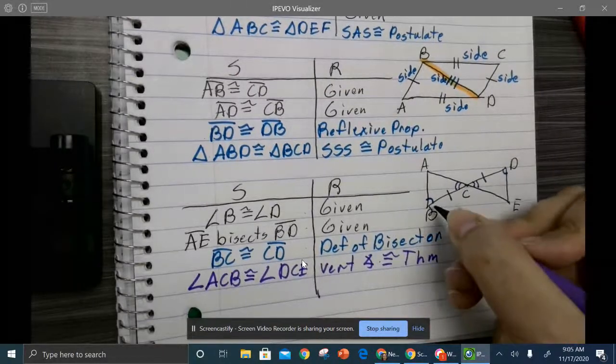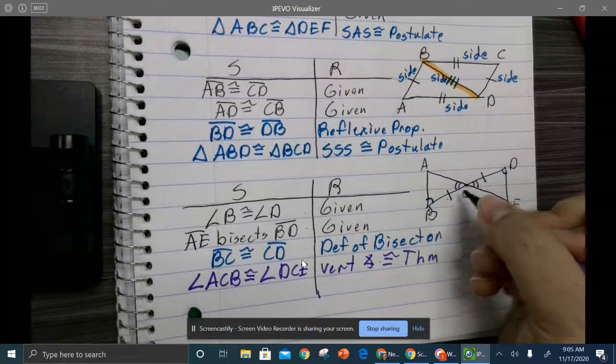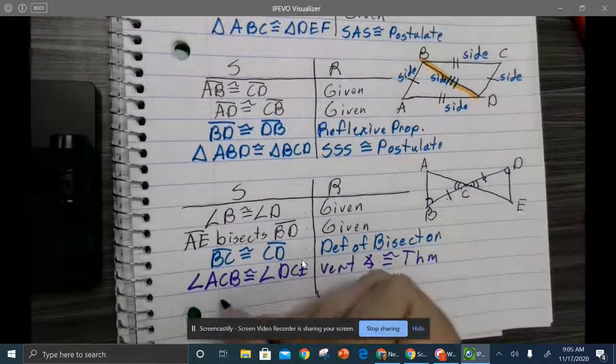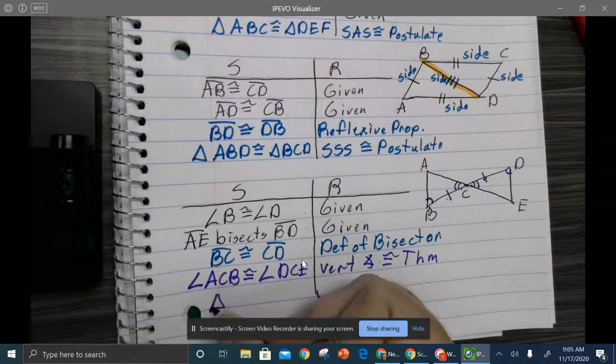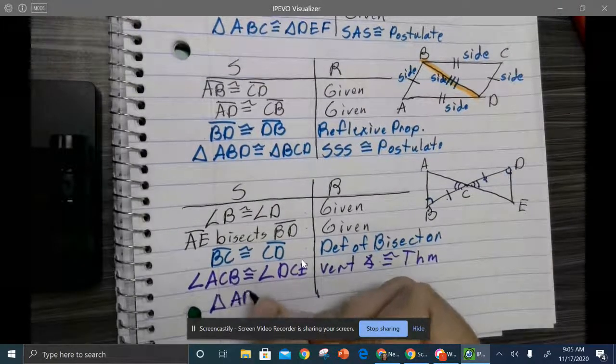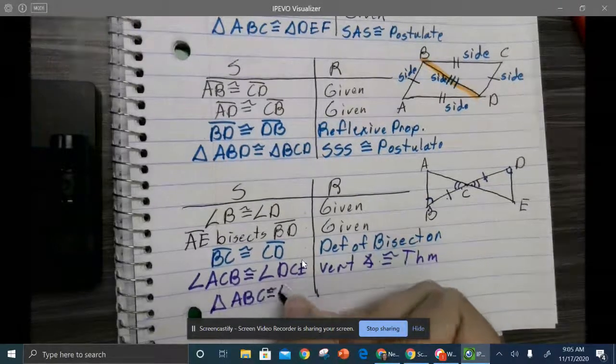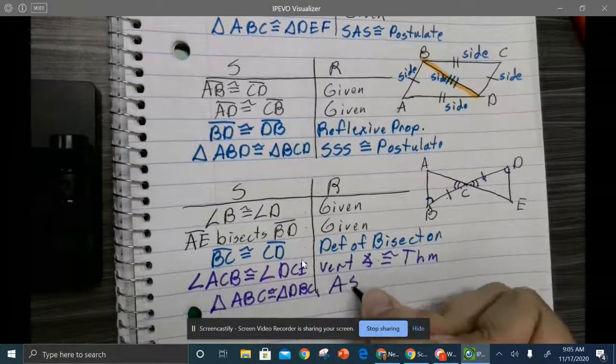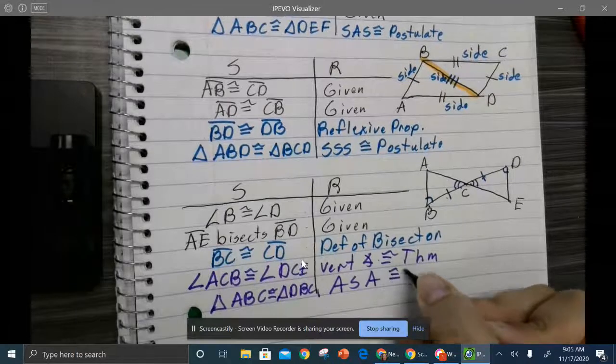Okay, so now everybody, we can use angle, side, angle, where the side is between, to prove that the triangles are congruent. So triangle ABC is congruent to triangle DBC, or angle, side, angle postulate.